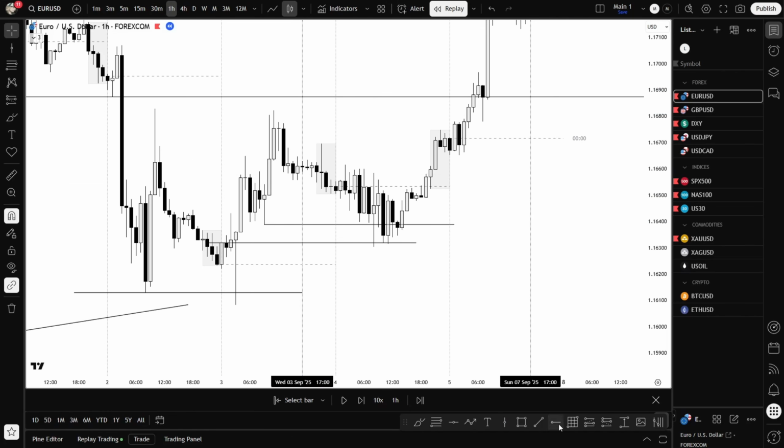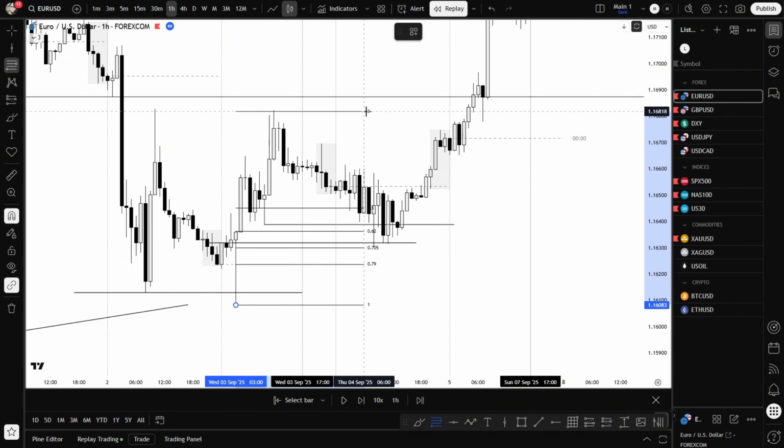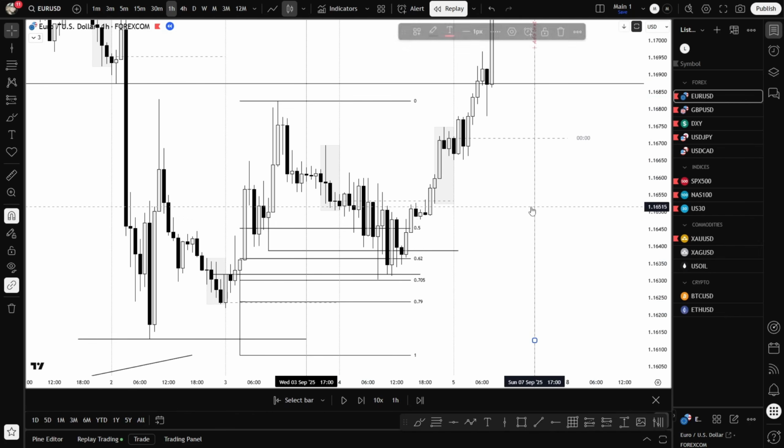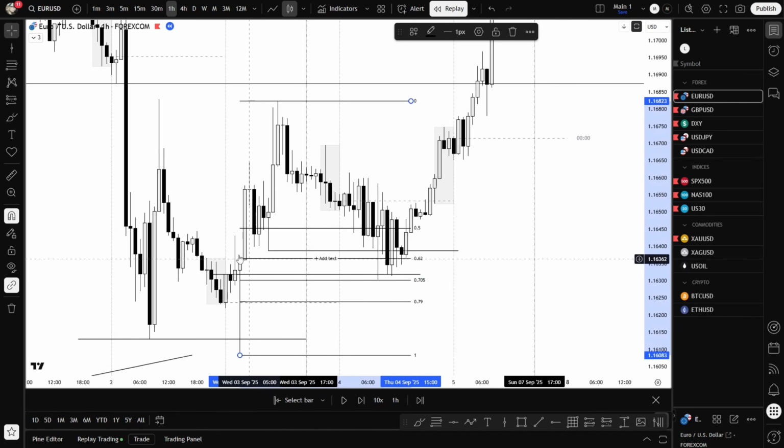right? Let me draw these high probability elements. Those are the elements for a high probability trade expansion day. Pre-liquidity pool, OTE, right? 62. A 4-hour rejection block with a daily rejection block.